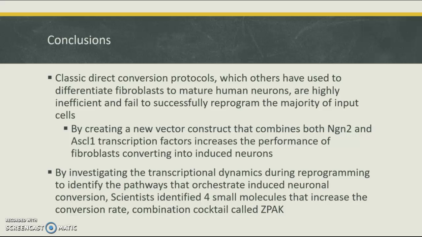The second conclusion is that by investigating the transcriptomal dynamics during reprogramming to identify the pathways that orchestrate induced neuronal conversion, scientists identified 4 small molecules that increase the conversion rate, which is a combination cocktail called ZPAC.